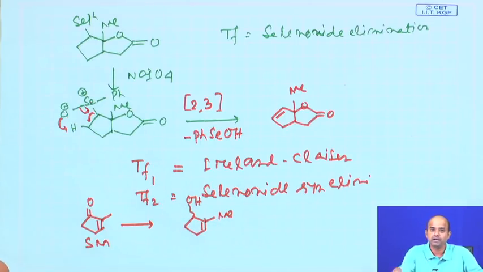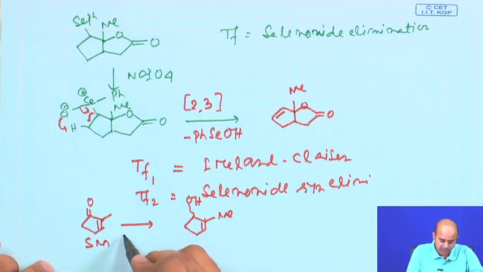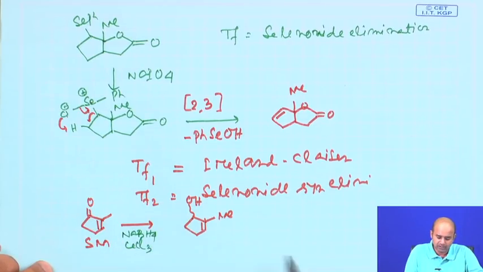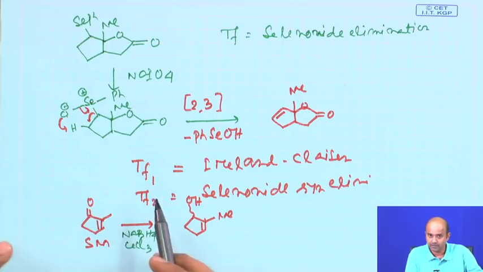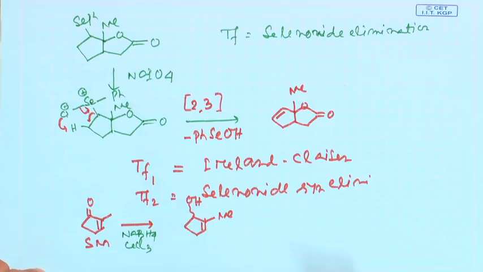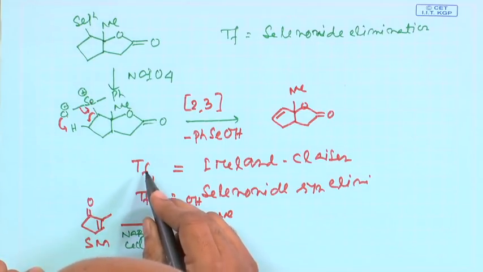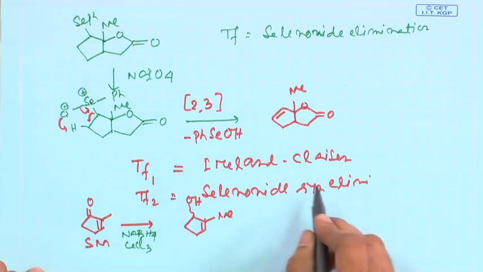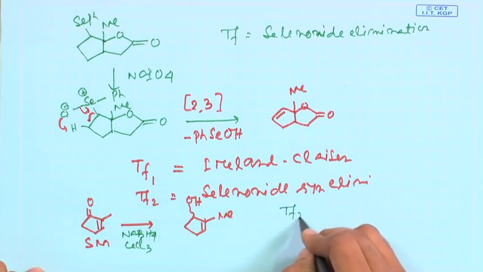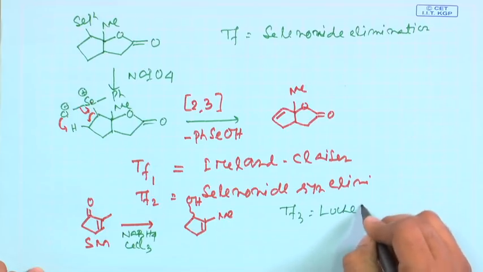You can simply do it by a Luche reduction, just by reacting with sodium borohydride and cerium chloride, which does not attack the alpha,beta unsaturated system, only the 1,2 carbonyl reduction takes place, 1,4 is unaffected. So, it is a chemoselective reduction. Okay. So, transformation 1 is Ireland-Claisen, transformation 2 is selenoxide syn elimination, transformation 3 we used a Luche reduction.